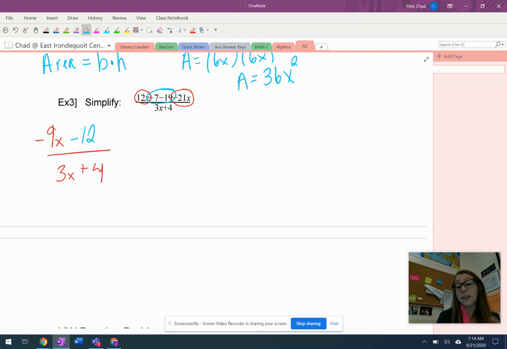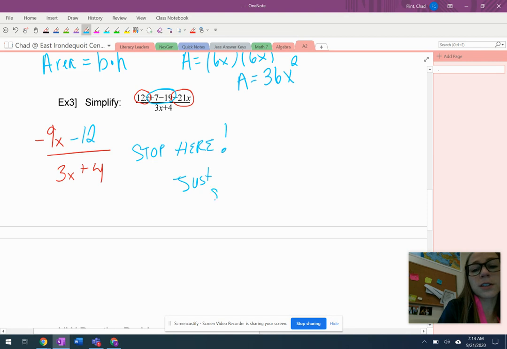It's like, they're married and they can't, the minus sign, maybe they're unhappily married, and the plus sign, maybe they're happily married, but no matter what, you still can't break them up. So you can't simplify anymore after this. So this is where you stop. So stop here. Just simplify top, then bottom.